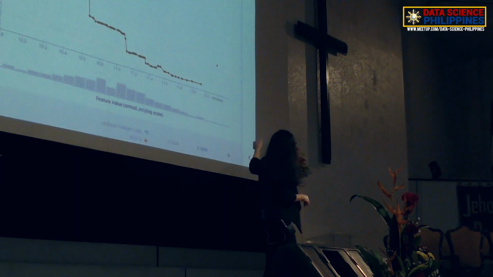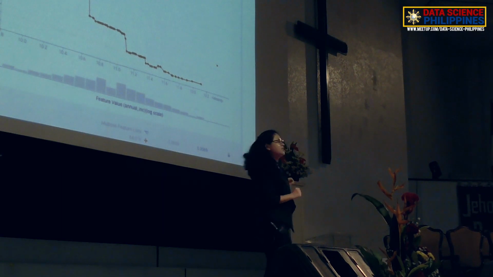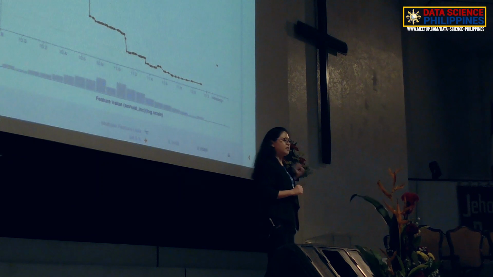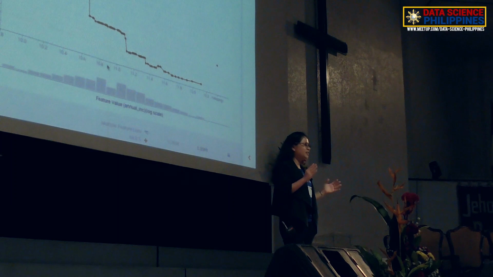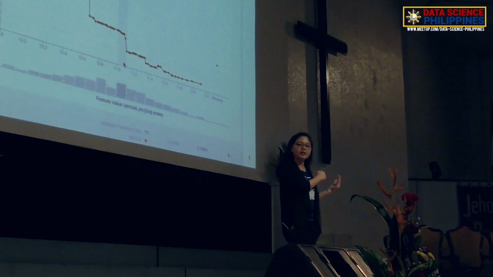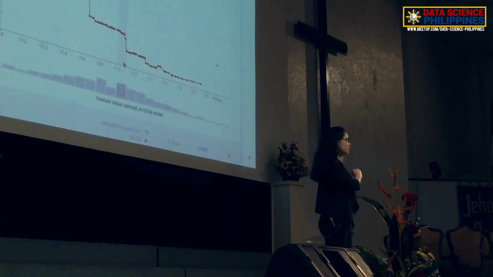People who have maybe 10.6, that's a log scale here, 10.6 log scale of their income, it is actually of a higher risk. And between like 10.6 to maybe 11.1, that is of a medium risk, and that can always be related back to the risk score on the y-axis.